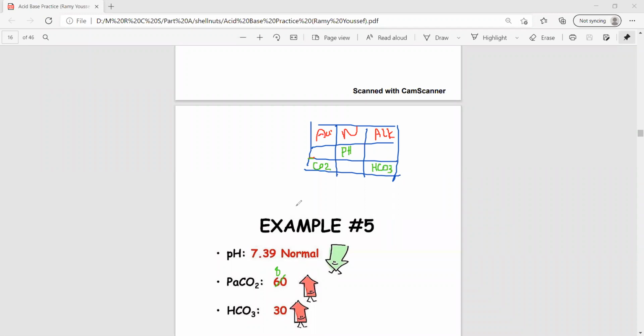So what do you expect the problem here? Mainly acidosis or mainly alkalosis?